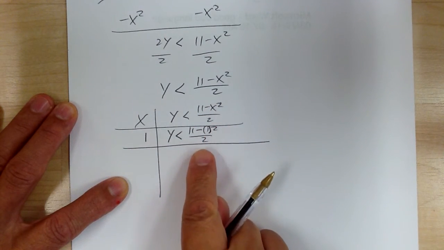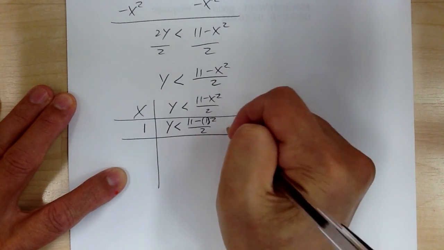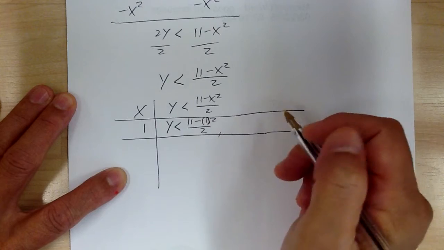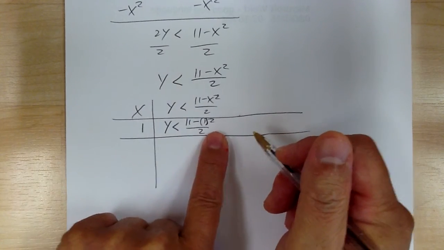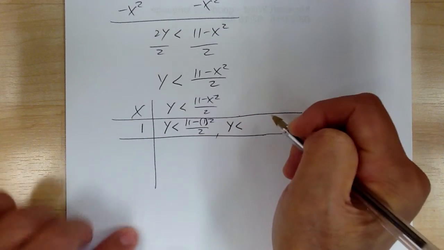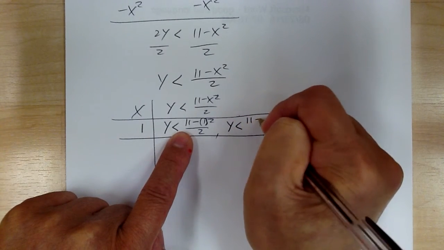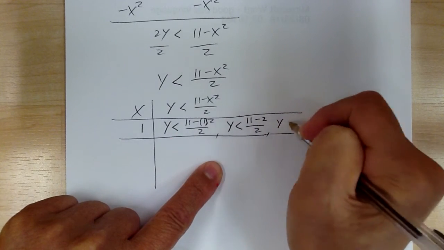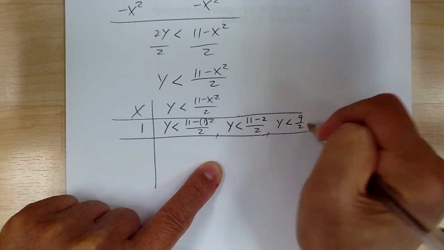Make sure you give yourself enough space to do this. Now, because this is not an equal sign, you cannot keep writing equal, so you have to go sideways. So y is less than (11 minus 2) over 2. You have to be careful now. So y is less than 9 over 2.